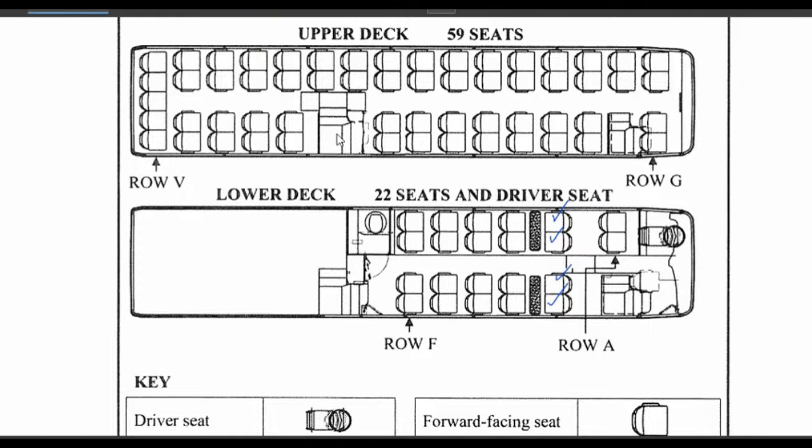How many seats are facing forward? We have 1, 2, 3, 4, 5, 6, 7, 8, 9. So that's 9 times 2. Then this side we have 1, 2, 3, up to 27. 27 times 2.